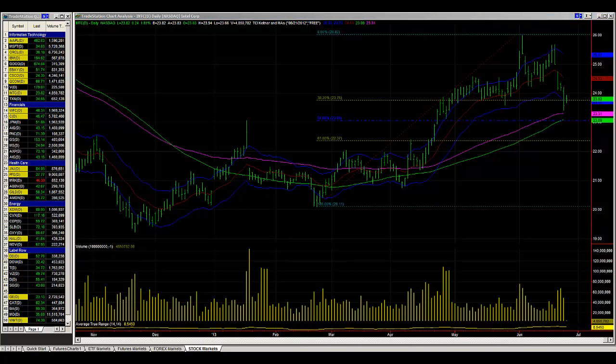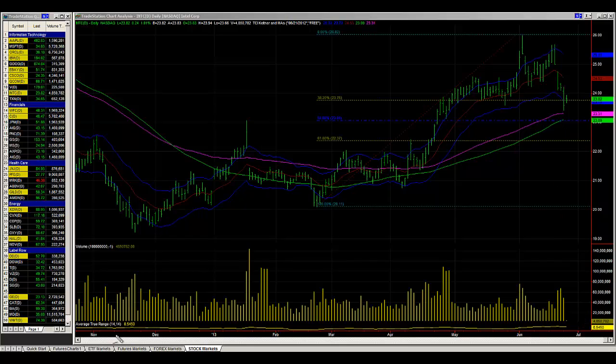What I love about the ATR, it's universal. So, if you use 0.5% on OXY, you could do the same thing with Intel, and it's going to adjust for volatility because you're using the ATR. You're not using just 90 cents. If you go 90 cents from here, that's too large of a stop.